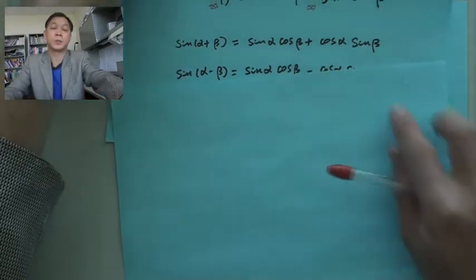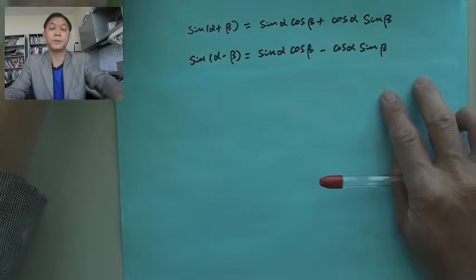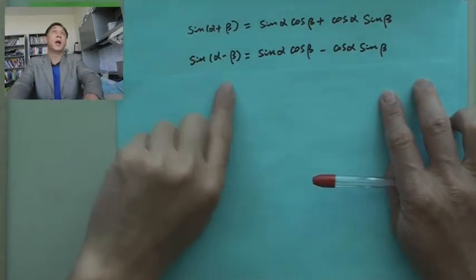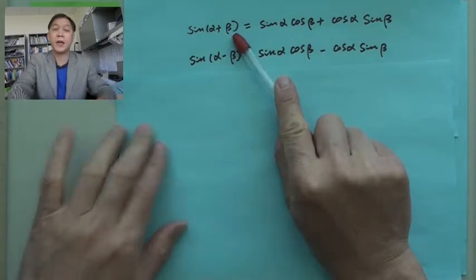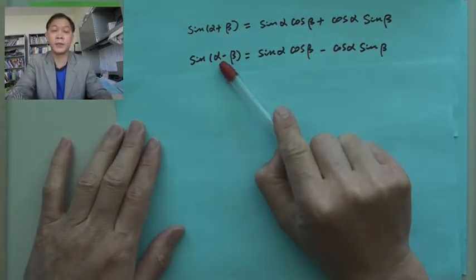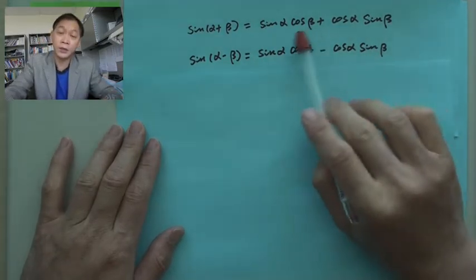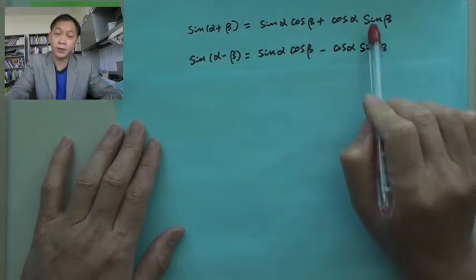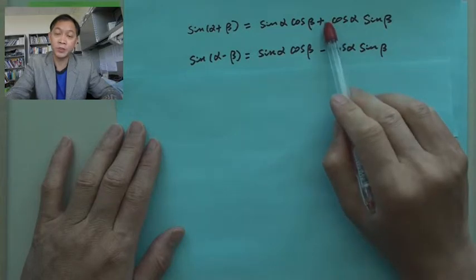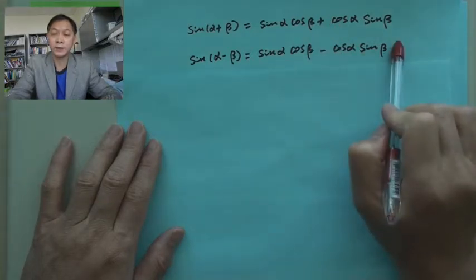These two formulas right here. Sine alpha plus beta, sine alpha minus beta. Clearly you see on the right hand side, those two have opposite signs.